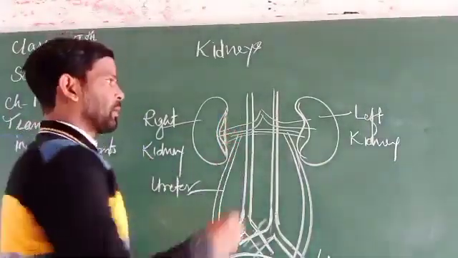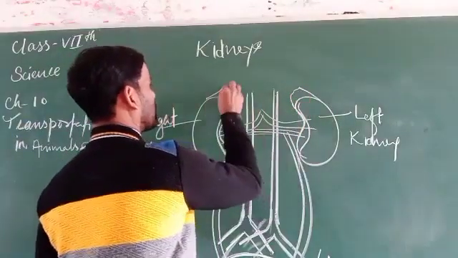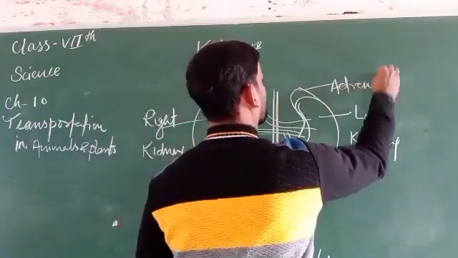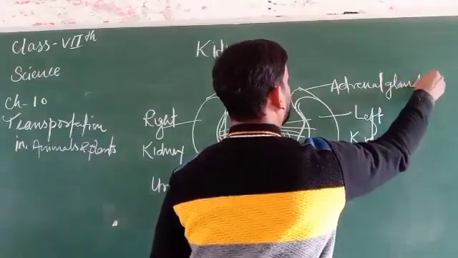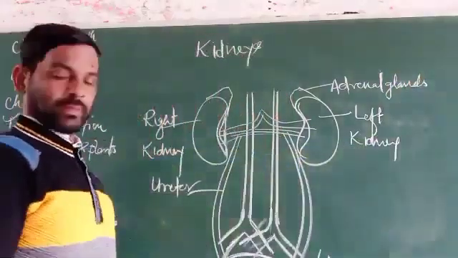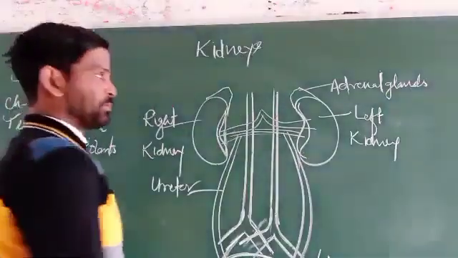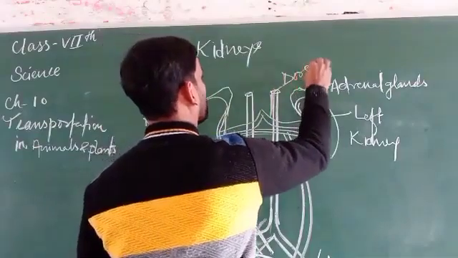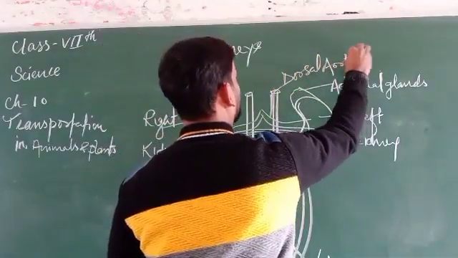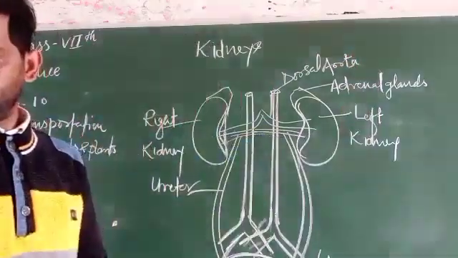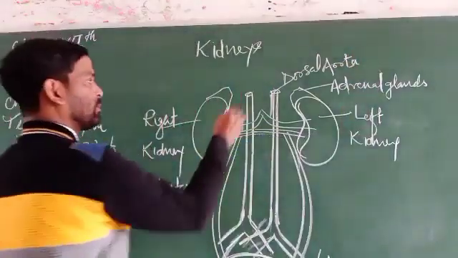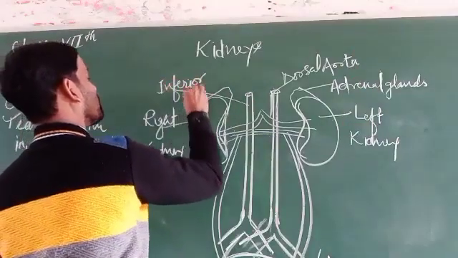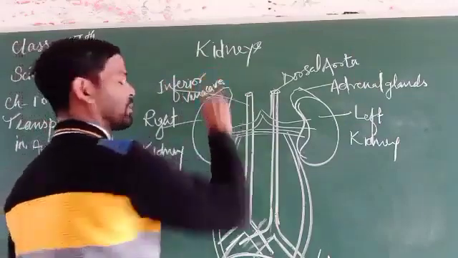Here are the adrenal glands. This is the dorsal aorta and the inferior vena cava.